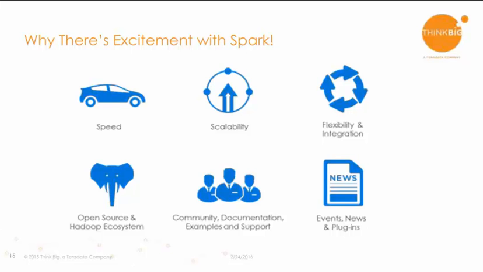I have to call out as well the documentation from Spark itself for all the frameworks around it, which is really good, and it enables you to get started very fast. And finally, the relevance of plugins and events and news that is also available for anyone that wants to become a developer or data scientist on Spark.